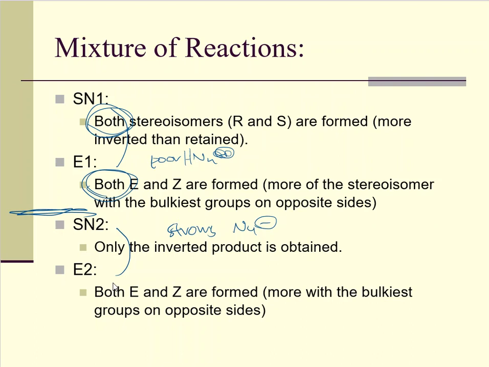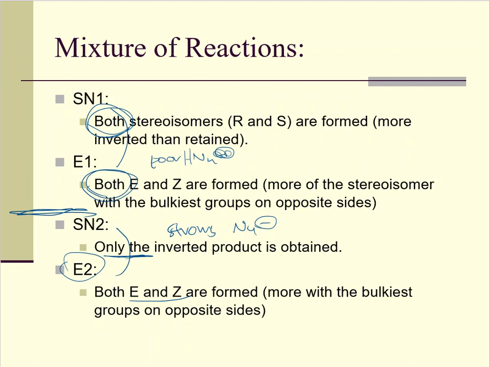So all of the possibilities exist there, folks. And then SN2 and E2. SN2, only the inverted product. It's got to go through the back door. R to S, S to R. As far as E2 is concerned, well, folks, it's still going to form a double bond. That double bond is still going to have E/Z or cis and trans, and you still want them so that way the bulky groups are opposite of each other.